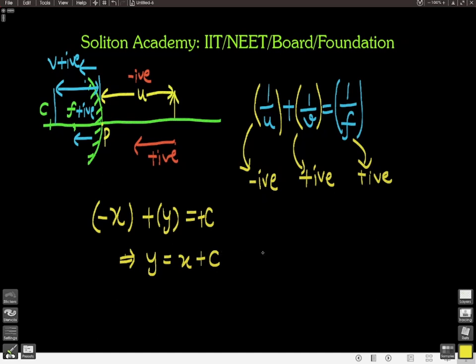Now you can clearly see this represents an equation of a straight line with slope m = 1, because we can compare this to y = mx + c. You can also see the intercept is positive, so c is something positive.